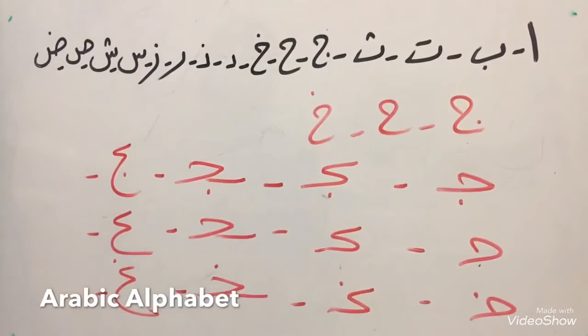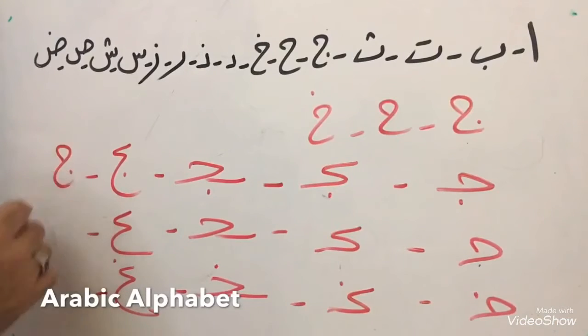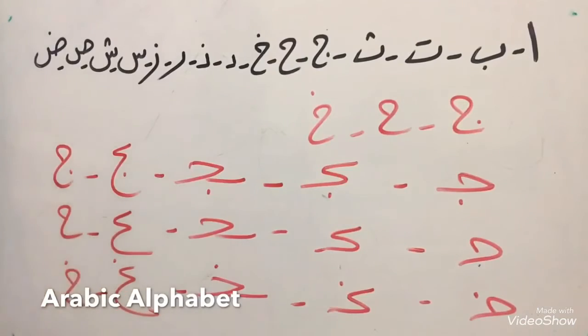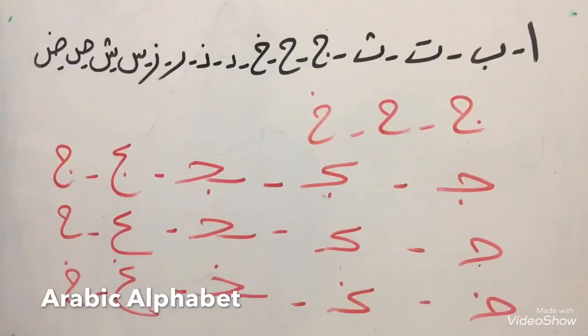If they are not connected to the letter before, for example, if there is Ra or Alif before them, we can write them like this: Jim, Ha, and Kha. These are the main ways of writing Jim, Ha, and Kha.